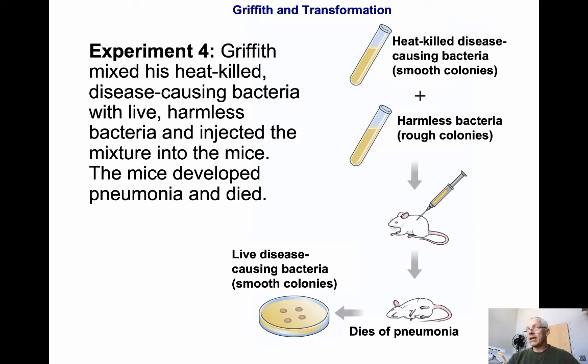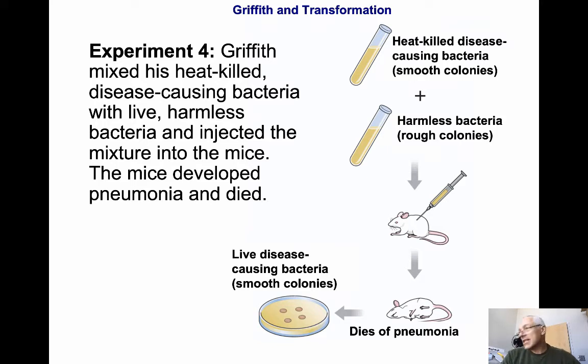And then the one that was hard to figure. Griffith took some of the boiled bacteria, mixed them in with some living bacteria, but from the harmless variety. Those cultures that grew in the rough-edged colonies that had not made the mice sick in the past.